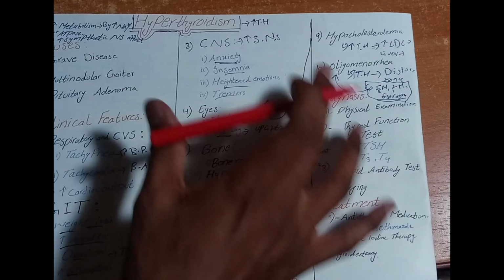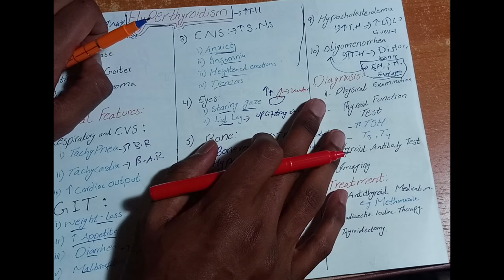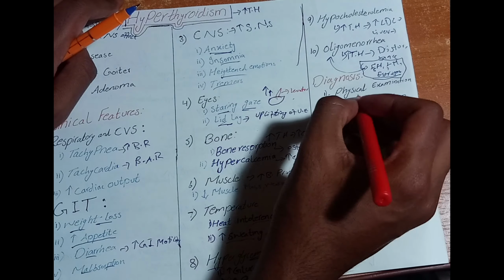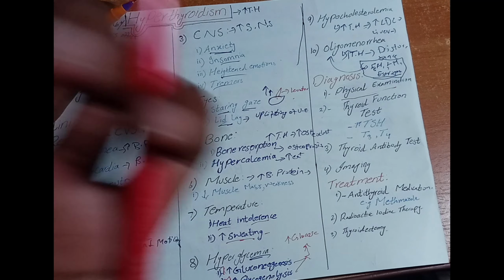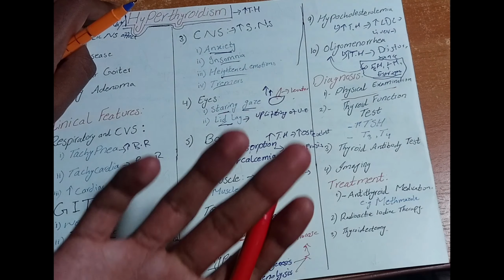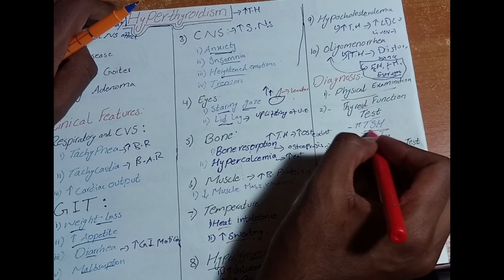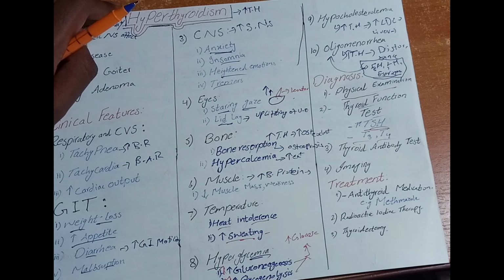Okay, these are all the symptoms which appear in a hyperthyroidism patient. Come to diagnosis. We can diagnose it by medical history and physical examination. We will check all these symptoms in the patient, whether the patient has them or not, and then we can go to another test, the thyroid function test, in which we check thyroid stimulating hormone level, and T3, T4 thyroid hormone in the blood.